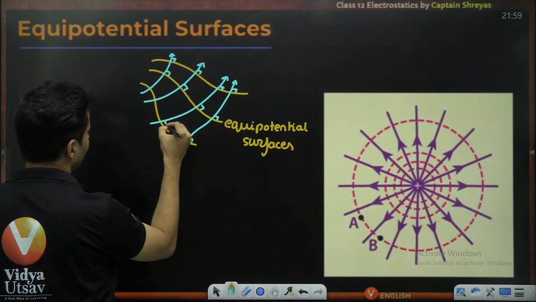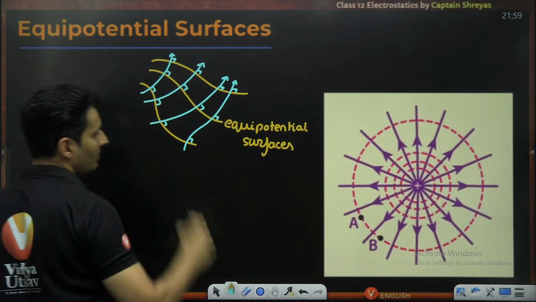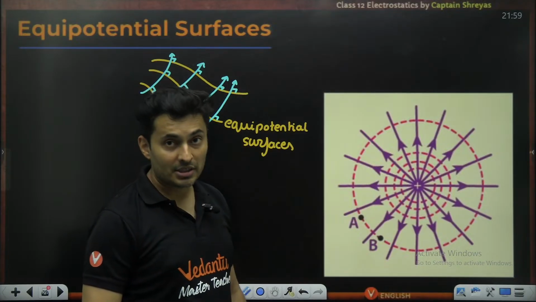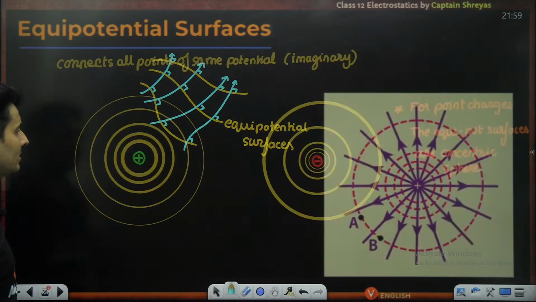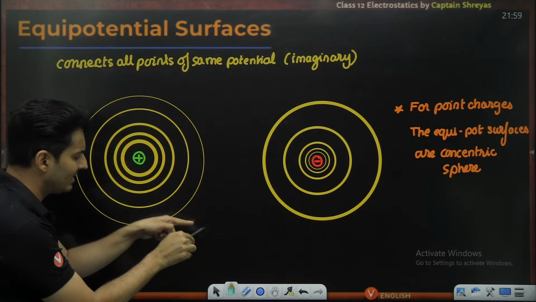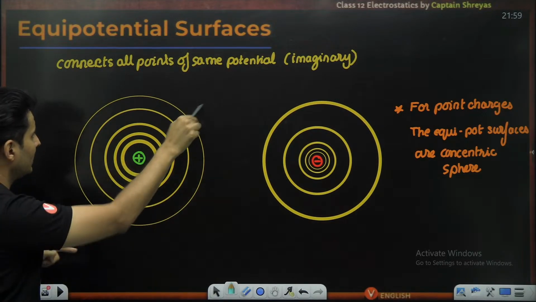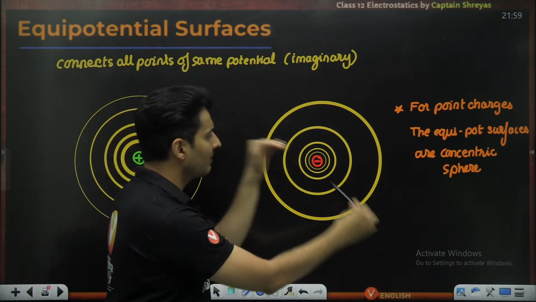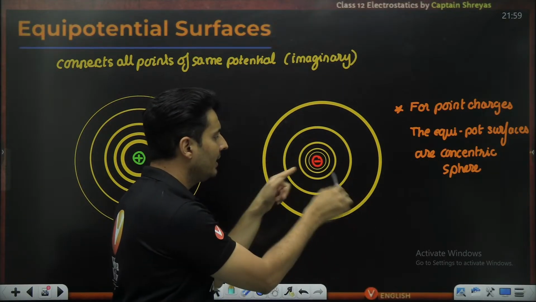Not just that. Observe one more thing. Electric field will always go towards the lower potential. Makes sense. Look at this diagram. This is higher potential, lowest potential. Due to positive charge, electric field lines go outwards. But due to negative charge, the electric field lines come inwards, high to low.